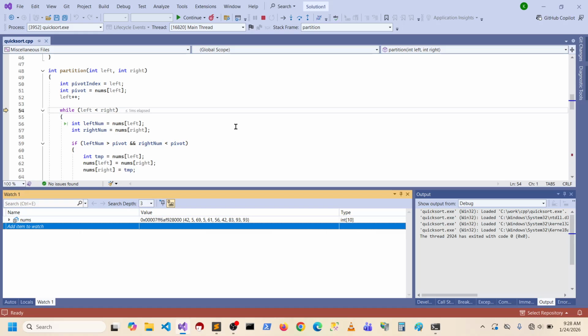Okay. So what happened there is there were two 42s, because the 42 was here during that first pass. And then since they were equal, it swapped out that first 42 with the 56. So we still had another 42 here.